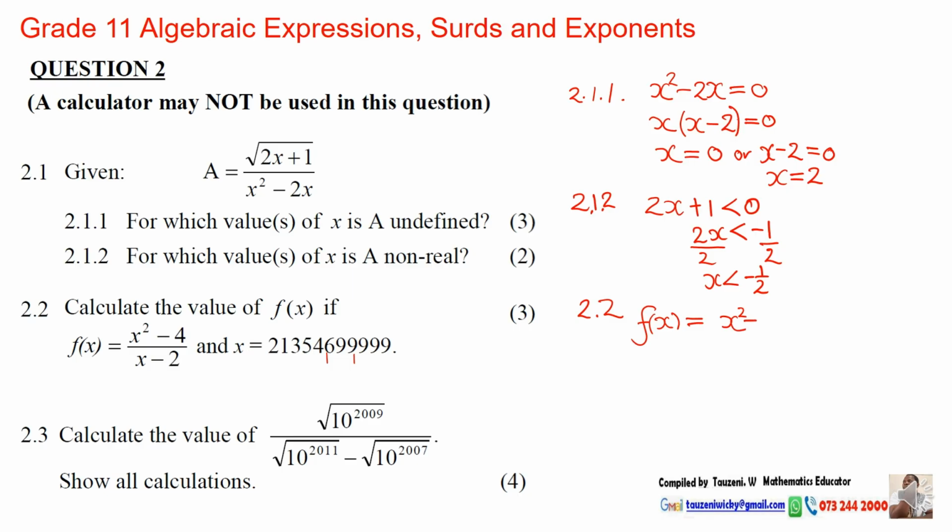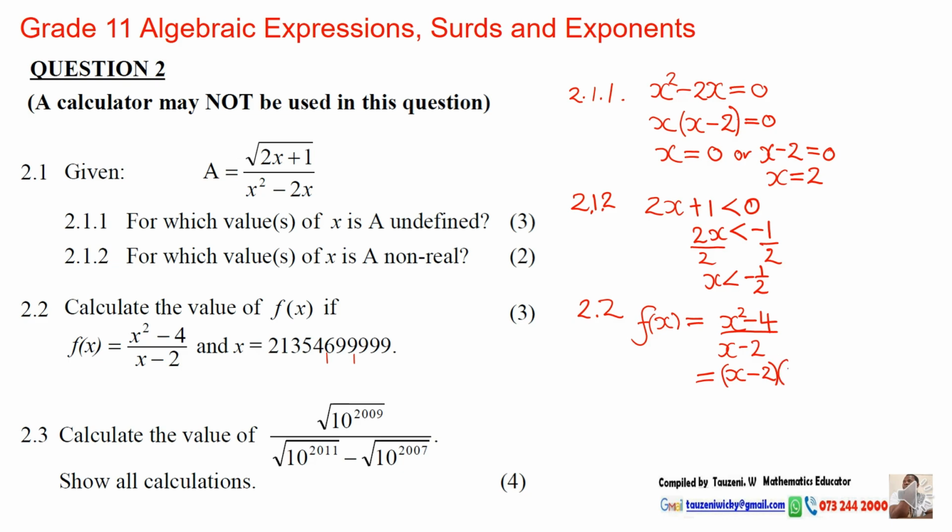Now, if an expression involves addition or subtraction, then think about factorization. So before we substitute the value of x that is given, we have to factorize this expression. The top one, x squared minus 4, is a difference of two squares.